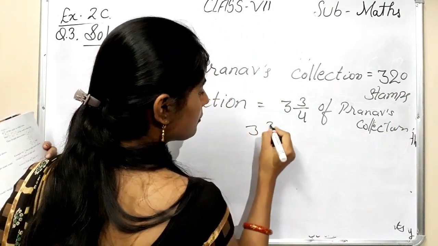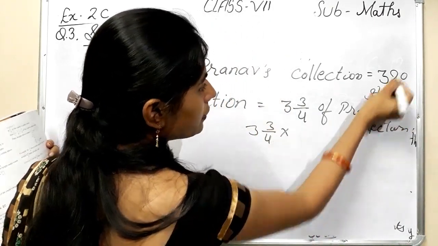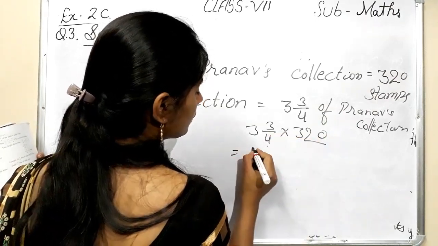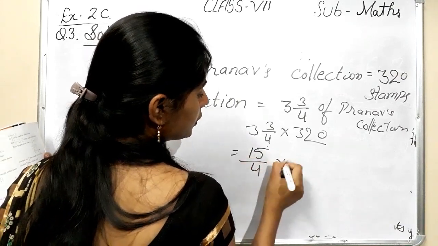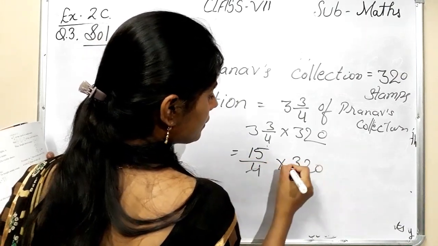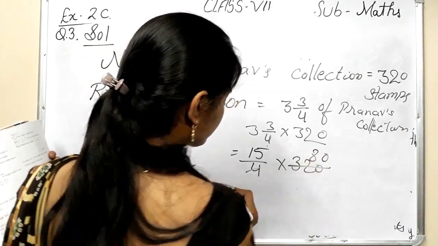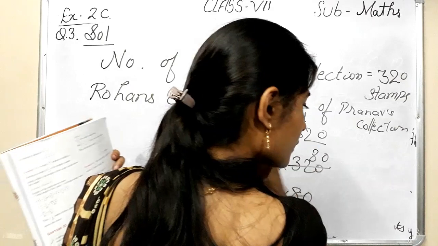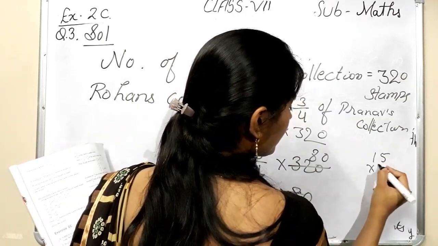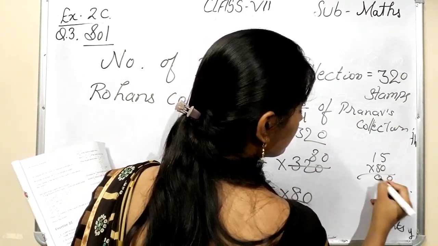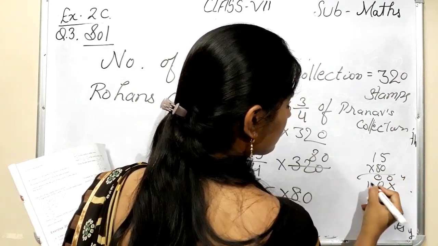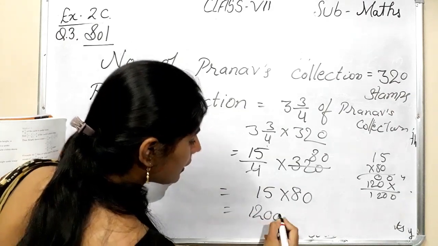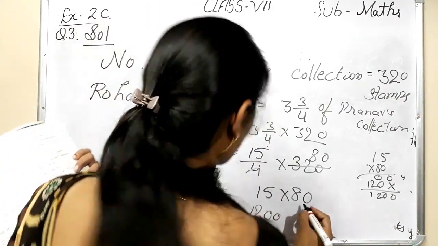See here, 3 by 4 into Pranav's collection, which is 320. 3 by 4 into 320, that is 3 multiplied by 80, 3 into 80, that is 240 stamps.